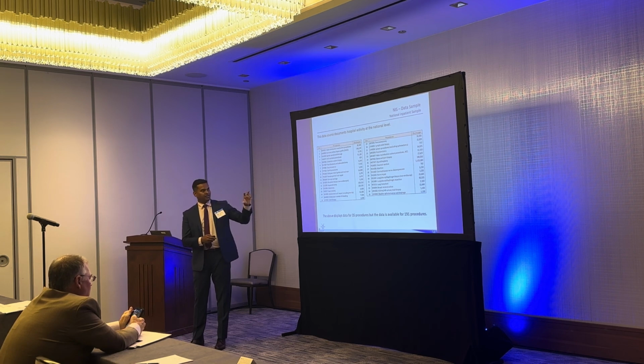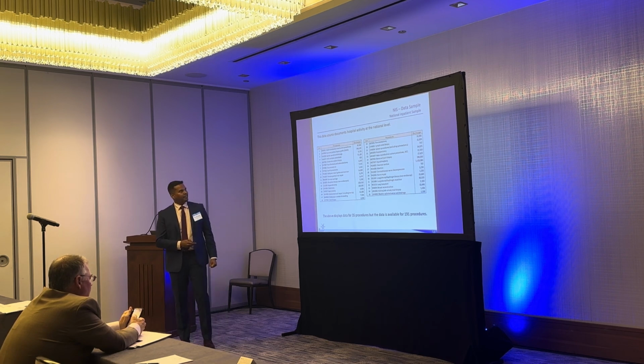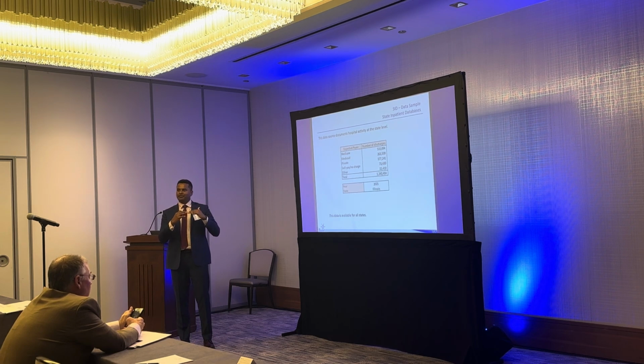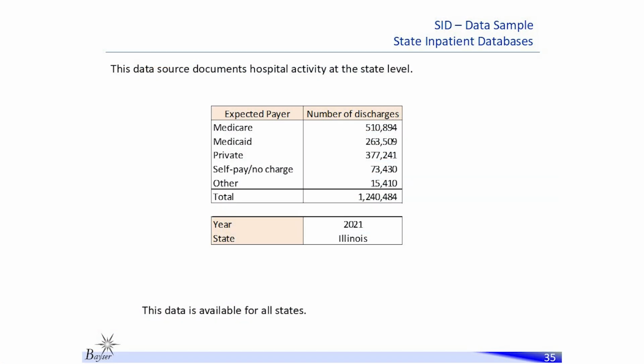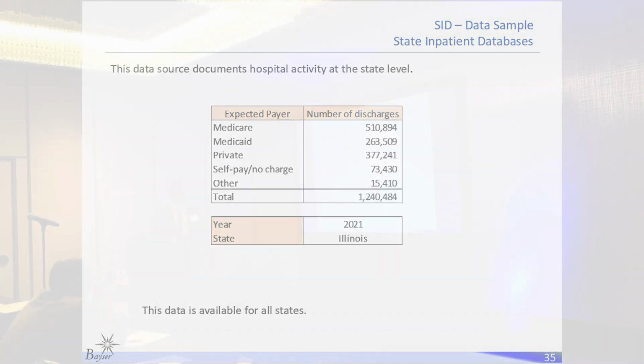We just took the top 35, and then we go into the state. So we go one level deeper from the national to the state. And here we looked at all states. Instead of just diagnosis and procedure, if you take all states, then we can see the expected payer as well. So it was Keith's question on how they break down Medicare, Medicaid at each state level. We wish this were a little deeper, but nevertheless it was good.